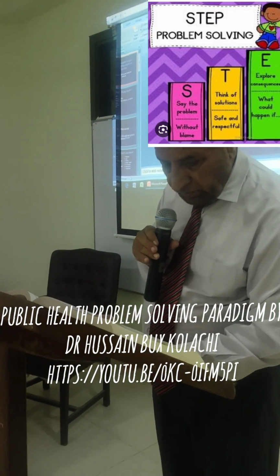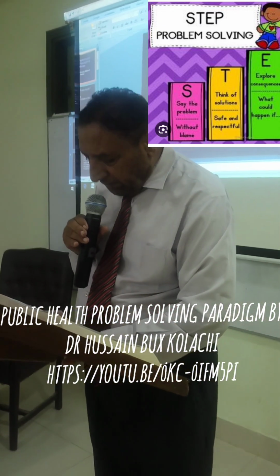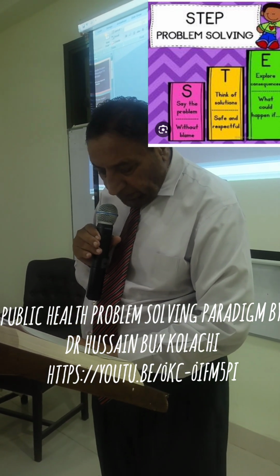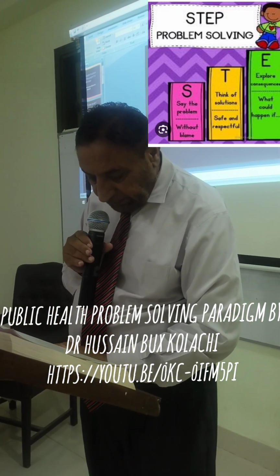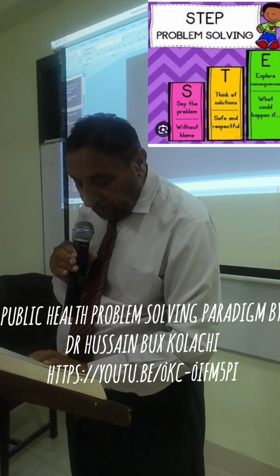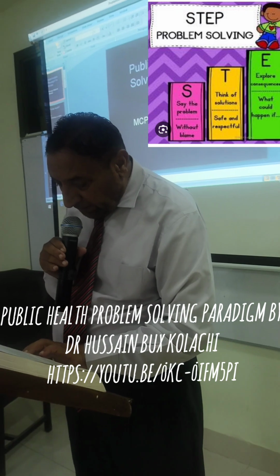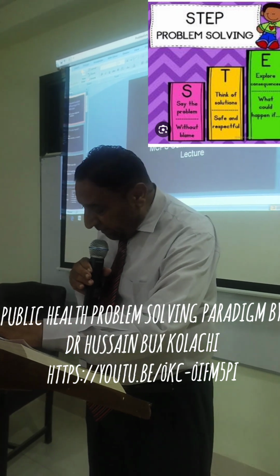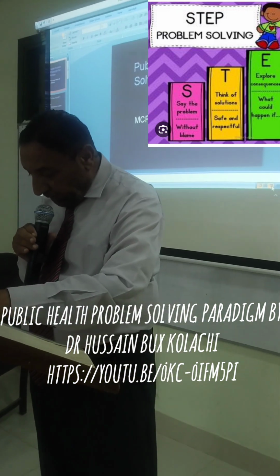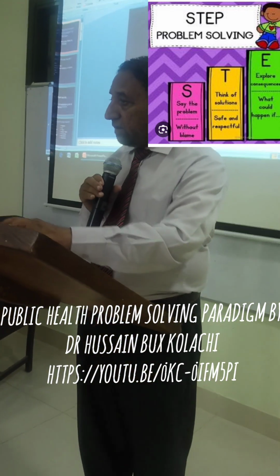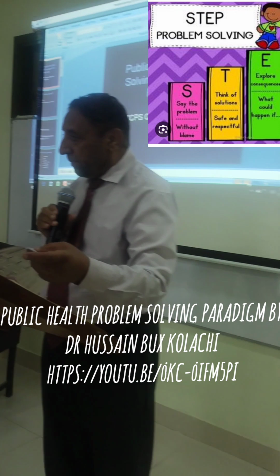We have to define all these things. There are also other important aspects: the program or intervention should have effectiveness, feasibility, political support, and social right and social will. Otherwise, you will not be able to solve the problem.